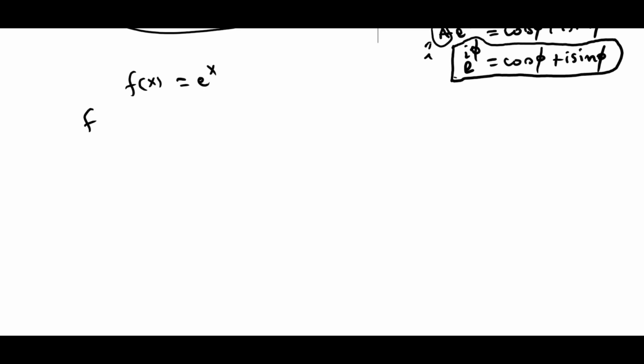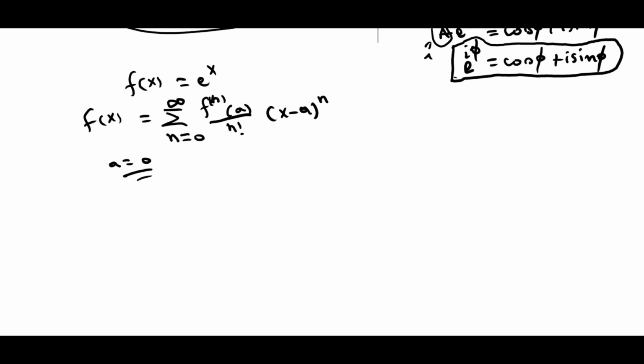When we have a function f(x), the Taylor series writes this function in this form: the summation for n from 0 up to infinity of the n-th derivative of this function at a given point a, over n factorial, times (x − a)^n. And for Maclaurin, we take a to be equal to 0, and I'm going to use this case.